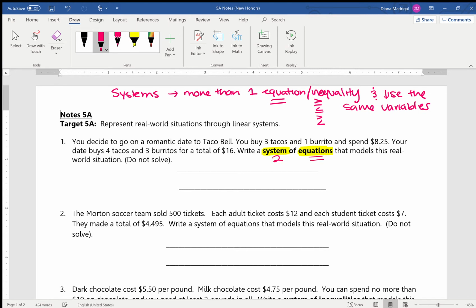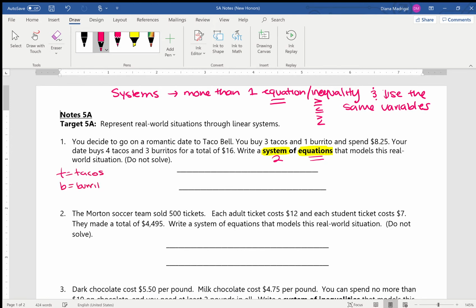Equations have the equal sign, so I should see an equal sign. Again, we're using the same variables, so we need to identify the variables. You always need to do this for each problem. The problem is talking about buying tacos and burritos, whether you're buying them or your date, so I'm going to use T for tacos and B for burritos because why not?